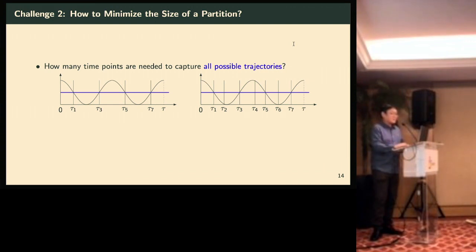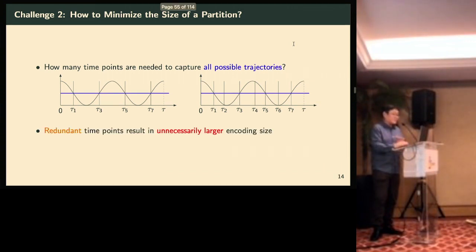Then the question is how can you reduce the number, because redundant time points can make the analysis very slow. As you can expect, STL model checking in our approach is by default as slow as existing invariant model checking, because we use an invariant model checking subroutine. Invariant model checking is already slow, therefore people focus on that. Therefore, it's a good idea to at least avoid some redundant computation.